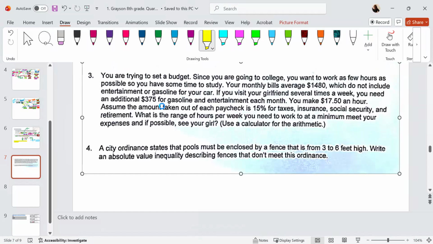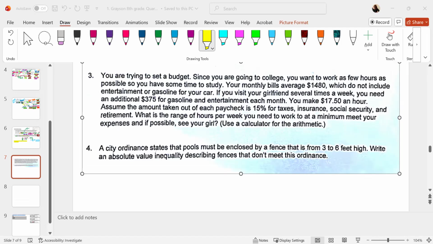Okay, number 3. Go ahead and read. The bills average $1,400 on food and entertainment, gasoline, and car. You visited your girlfriend's friends would be additional and make $15 an hour, and you found again percent retirement.